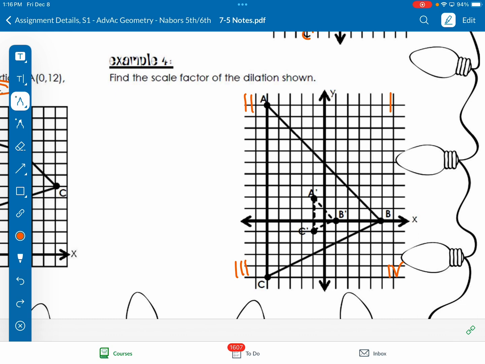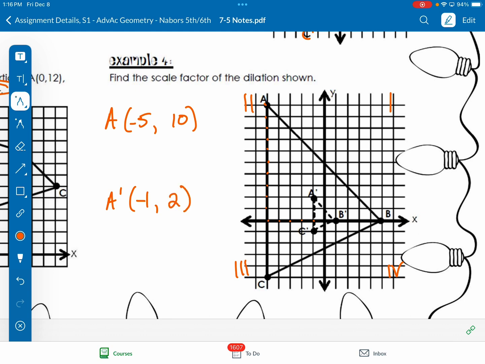All right. So let's look at A, just because A is 1, 2, 3, 4, 5. So -5, and then 1, 2, 3, 4, 5, 6, 7, 8, 9, 10. All right, -5, 10 is A, the original. A prime is -1, 2.